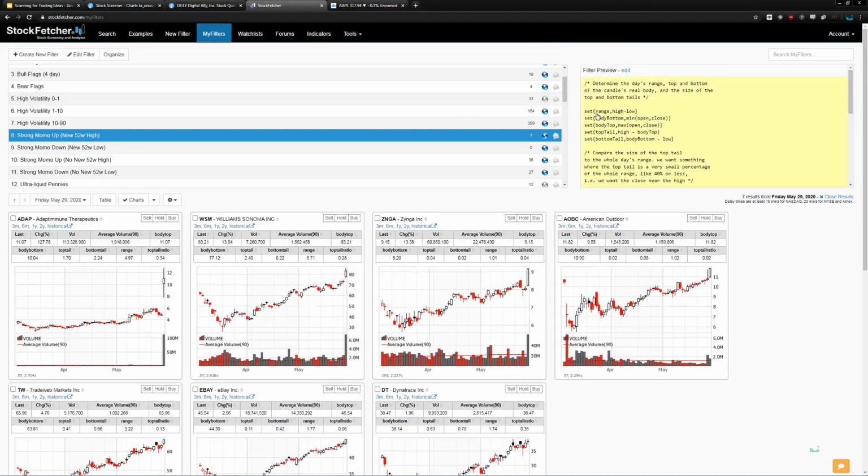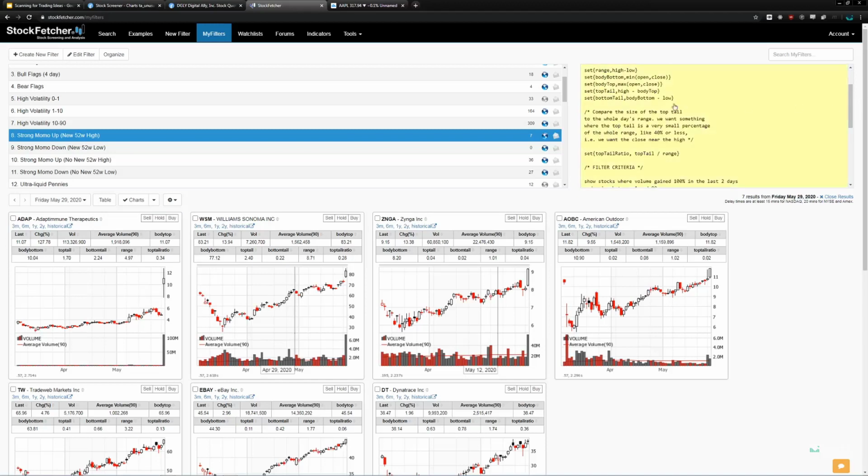So I set a few variables for the range, and then the bottom and the top of the body of the candlestick, and then the size of the top tail and the bottom tail. So I'm basically breaking the candlestick into chunks. So you have the top tail, the body, and then the bottom tail. And by doing that, I can then compare the size of the top wick to the entire day's range.